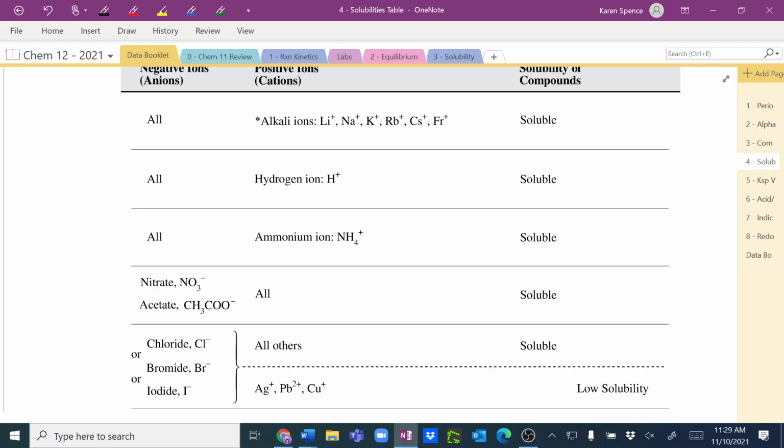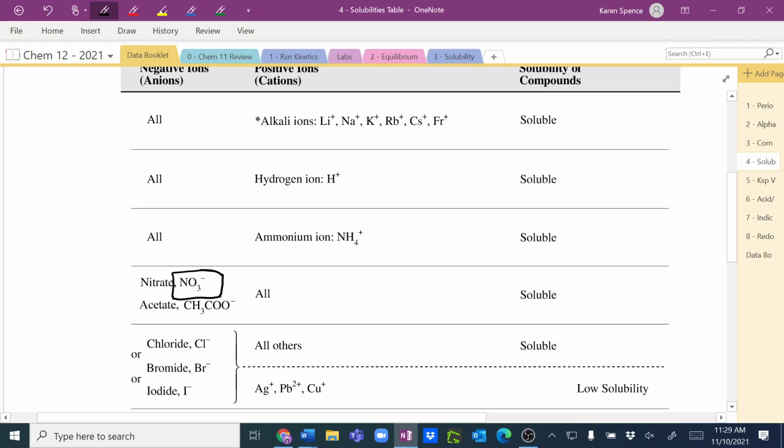Yes? Nitrate. You'll see acetate is also there, but acetate, although you don't know it yet, is actually a weak base. So it could have some interactions that you are not aware of. So just like we're going to say always choose sodium, you are always going to choose nitrate.